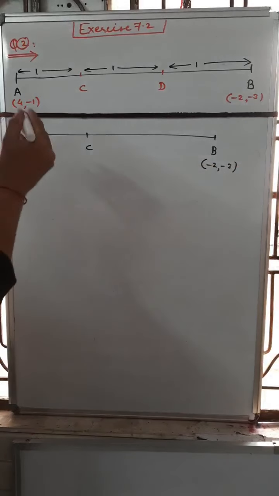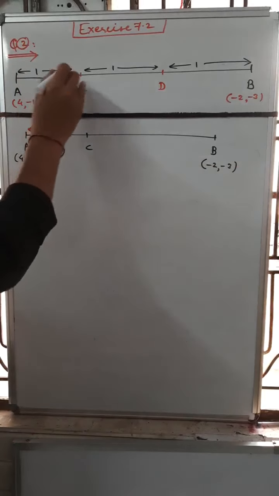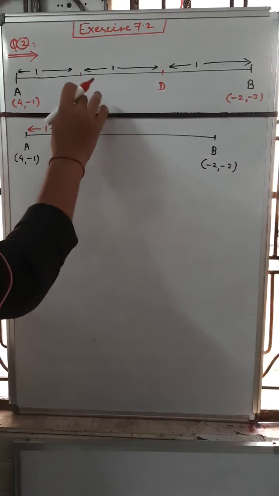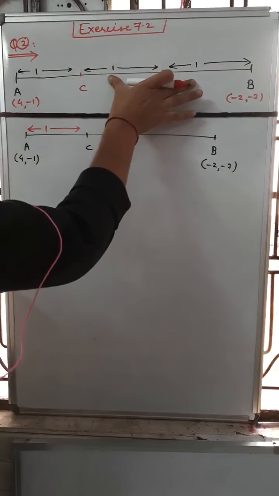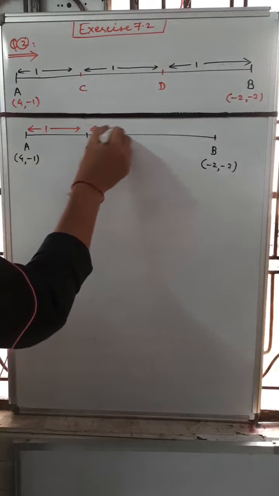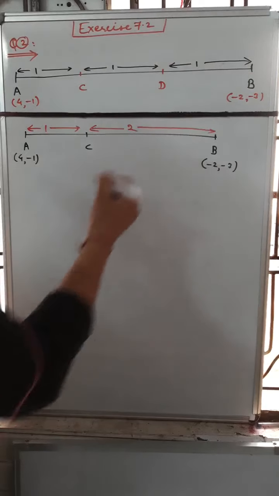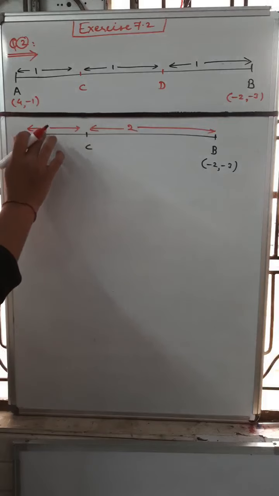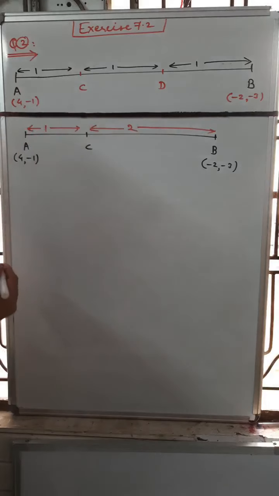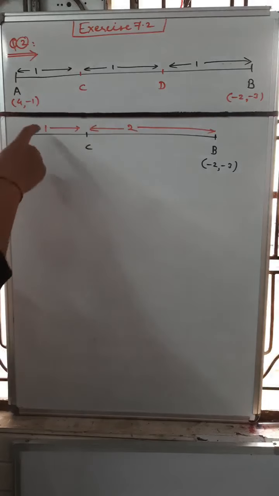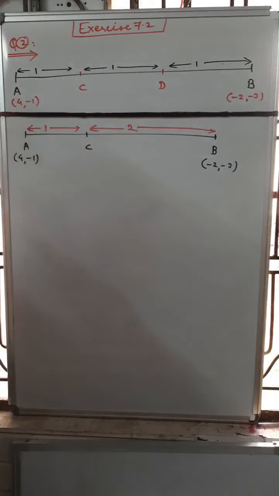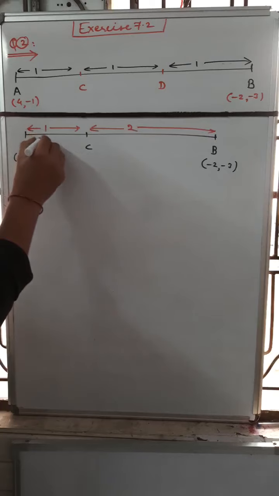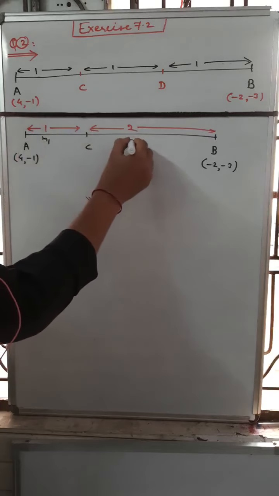So here the difference between A and C is equal to 1 and C and B is equal to 1 plus 1, that means 2. So now C divides the line AB in the ratio 1:2. So you can find out easily. That means m1 is equal to 1, and m2 is equal to 2.